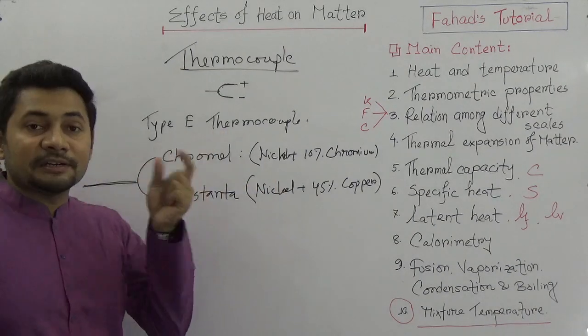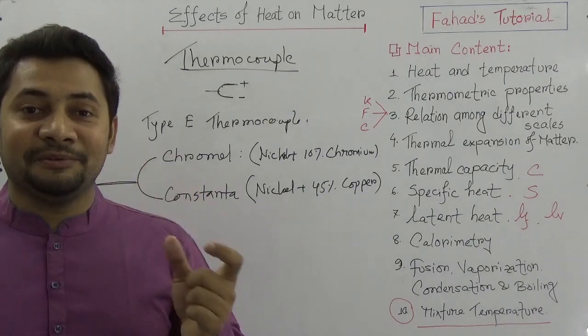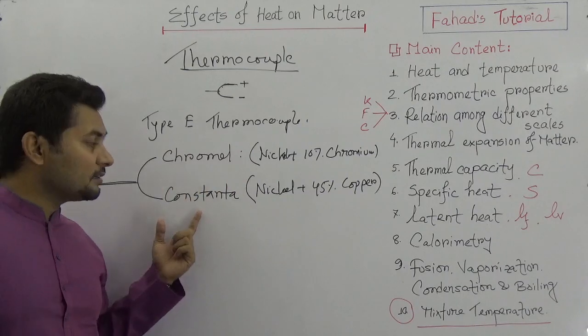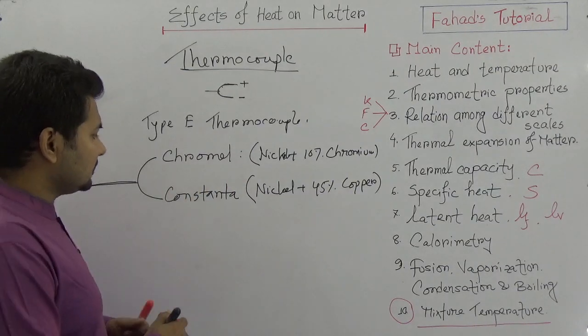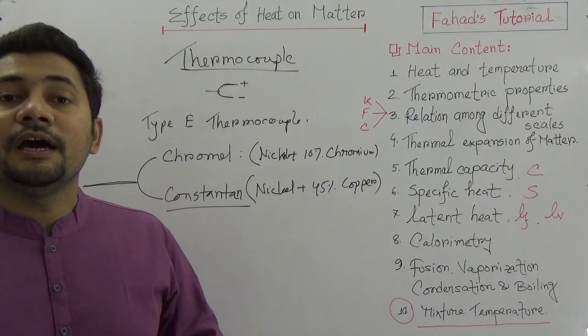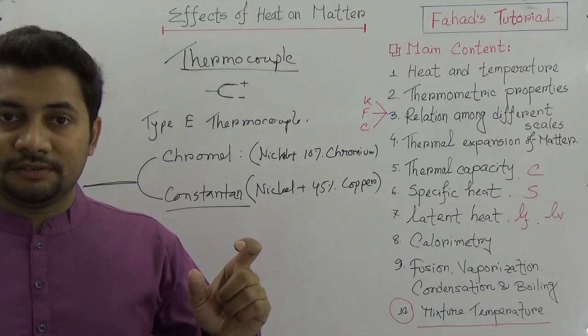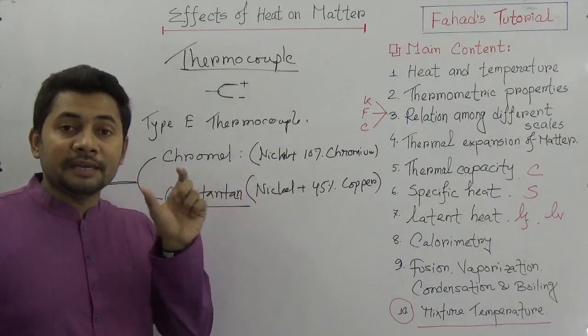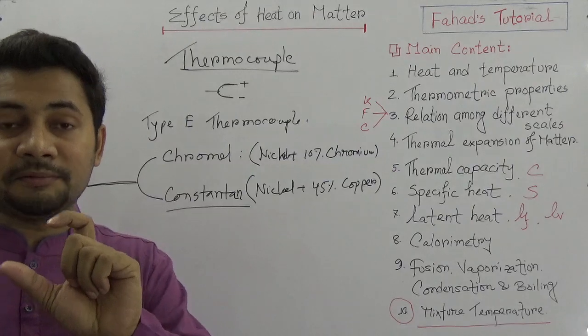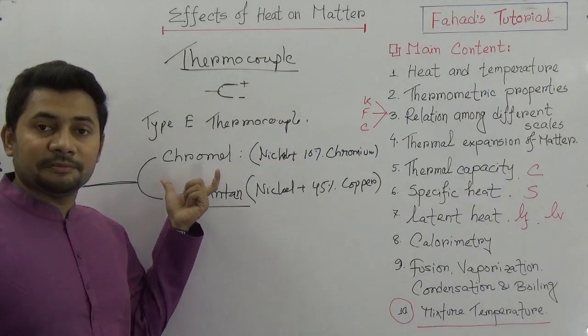So the thermocouple is a good example of a thermometric property or thermometric substance. Chromel and constantan, two different types of metal, are used to determine the temperature. So this is thermometric properties.